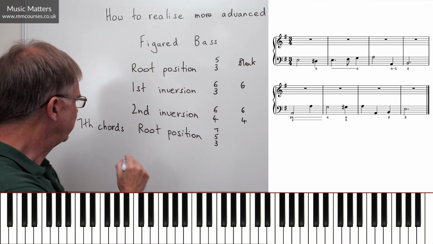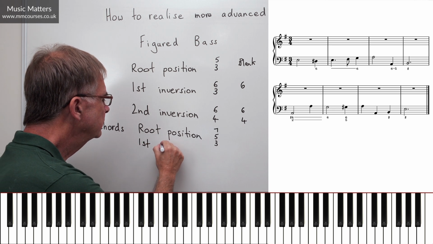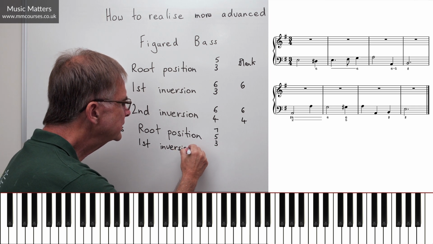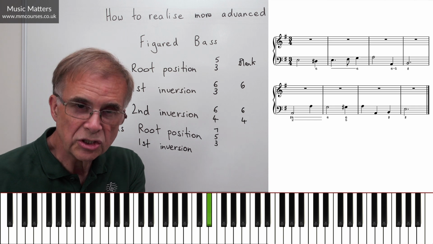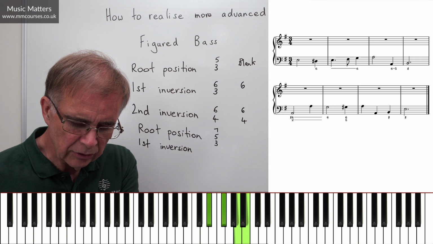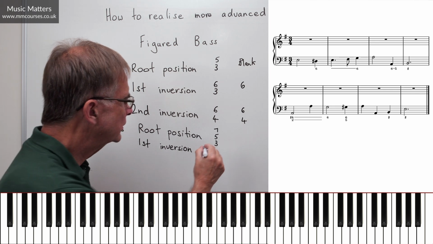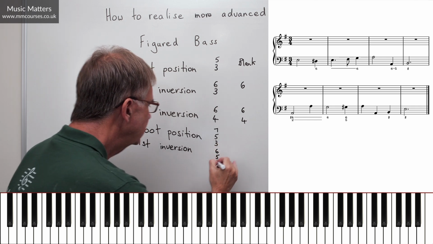Okay, fine. Let's talk about seventh chords in first inversion. So if I take the same seventh chord and put it in first inversion, I've now got D sharp, F sharp, A, B. Can you see what I've now got? I've got a 6, a 5, and a 3. So that's going to be 6, 5, 3.